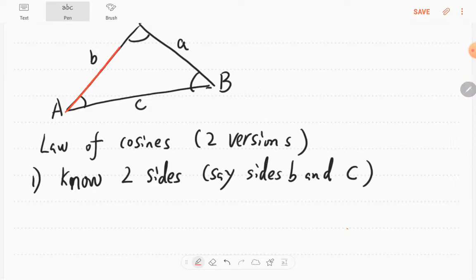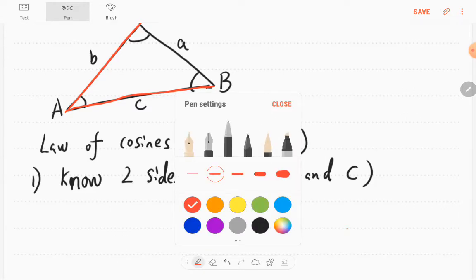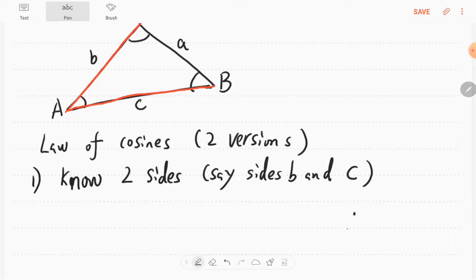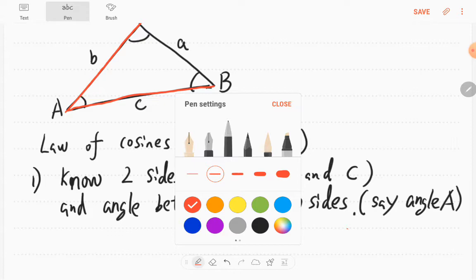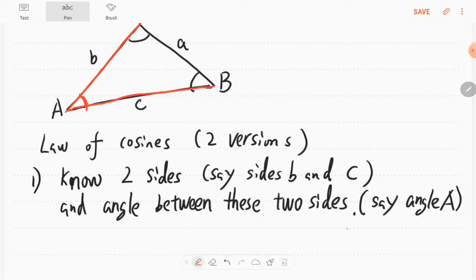If we know this side and this side, and we also know the angle between these two sides, here angle A, then this is the angle we know.